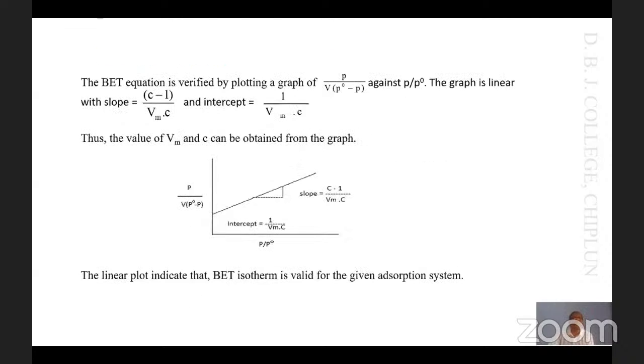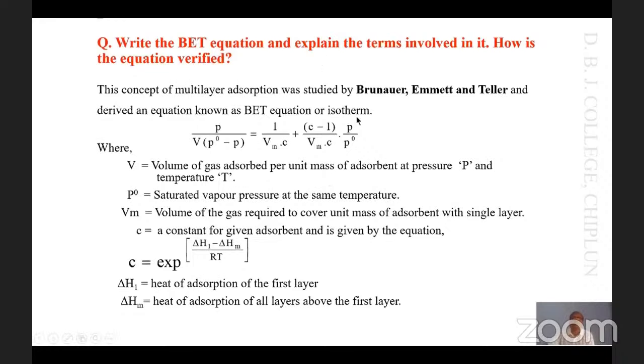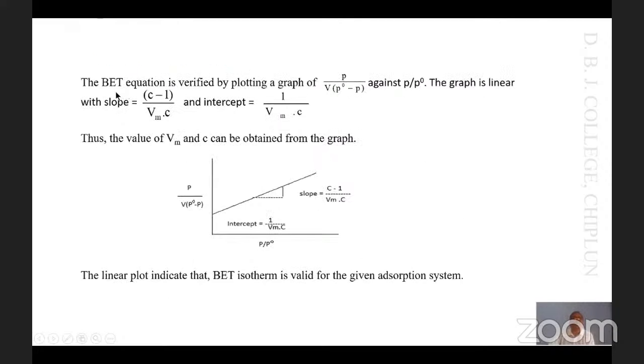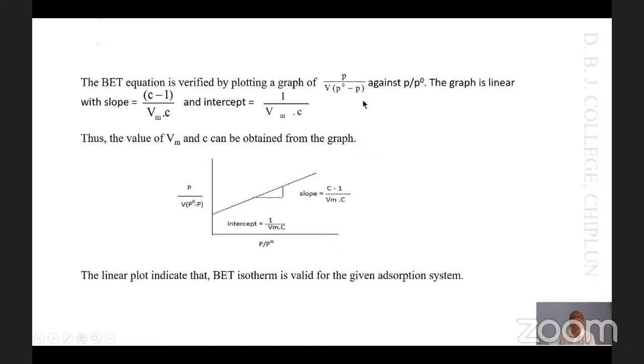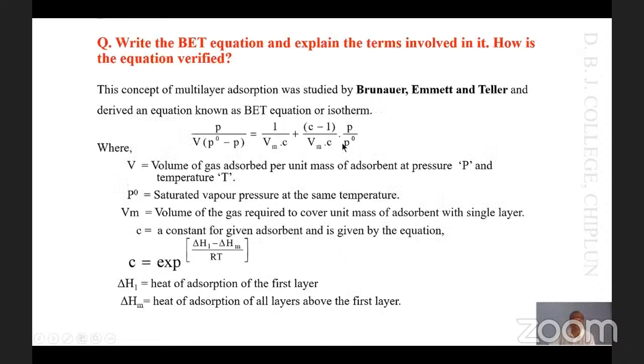Then, how is the equation verified? The BET equation is verified by plotting a graph of P upon V(P0 minus P), this first term, against P upon P0, this term.